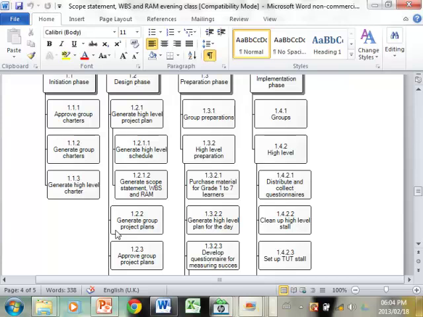So when Boeing breaks down their aircraft, they will have, say, the airframe, the avionics, the engine, and whatever else, the interior, whatever else goes there.